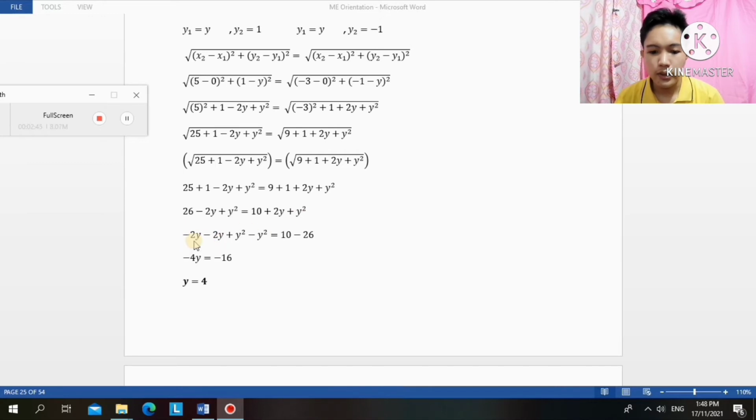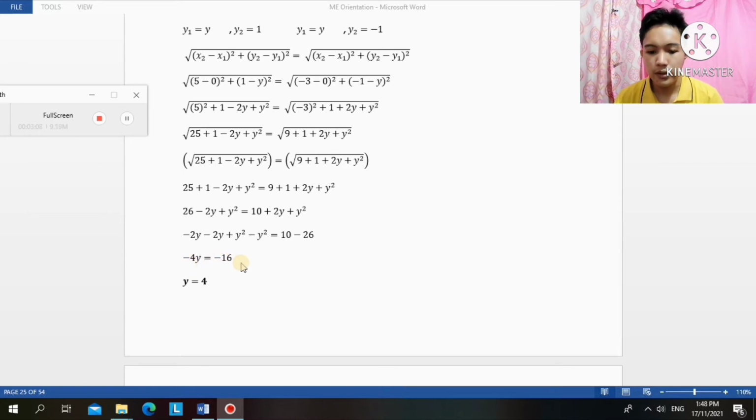Our equation will be negative 2y minus 2y plus y squared minus y squared. So positive y squared minus y squared cancel out, so it becomes 0. Negative 2y minus 2y is equal to negative 4y. Then 10 minus 26 is equal to negative 16. So our equation will be negative 4y equals negative 16.